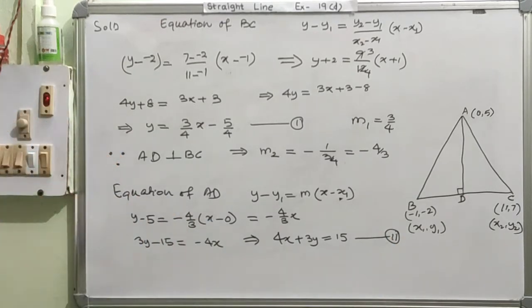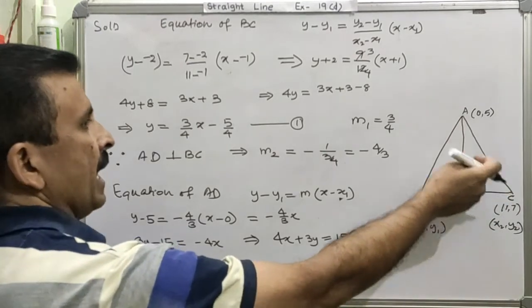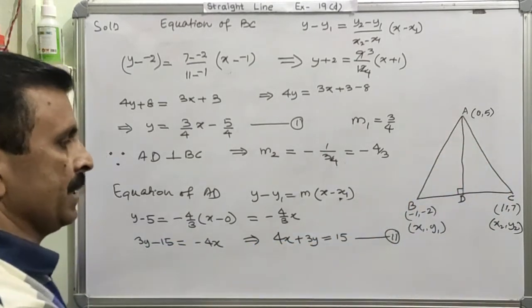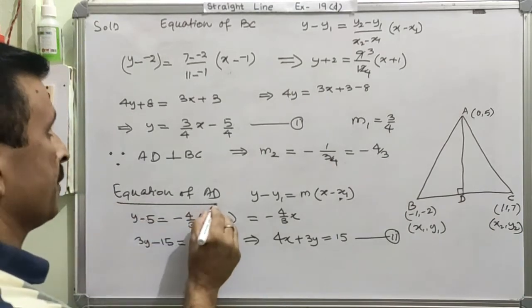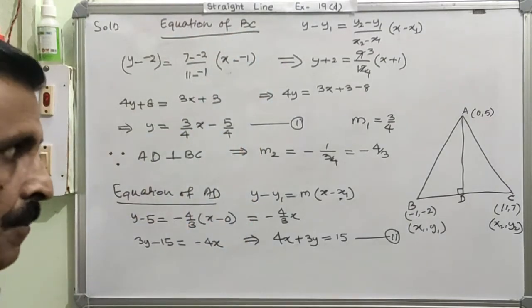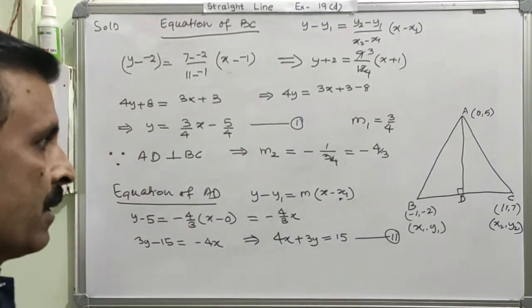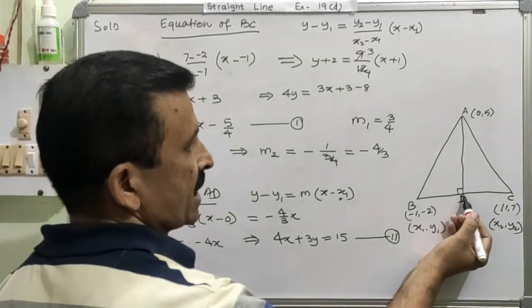So now we are done with 2 parts of this question. We have calculated the equation for BC and also we calculated the equation for AD. Is it okay? This is your equation of AD and this was the equation of your BC. So 2 parts is done. Am I understood? Now the third part we will do is we will now find the coordinate of point of intersection.